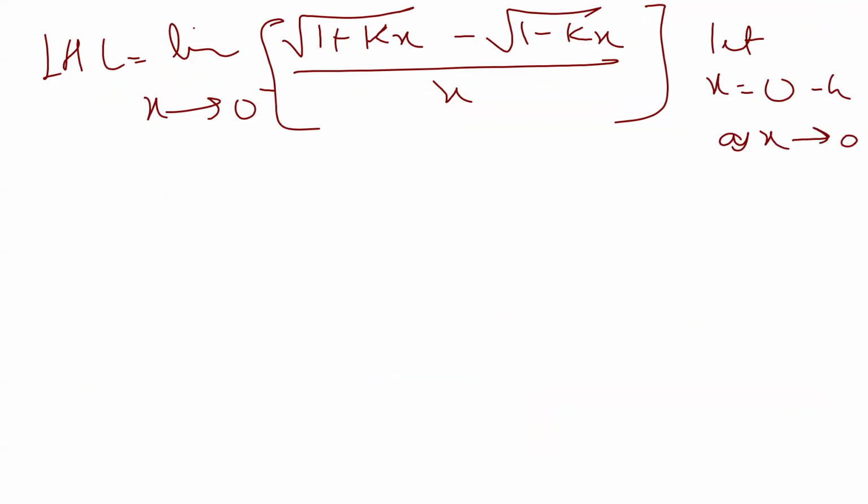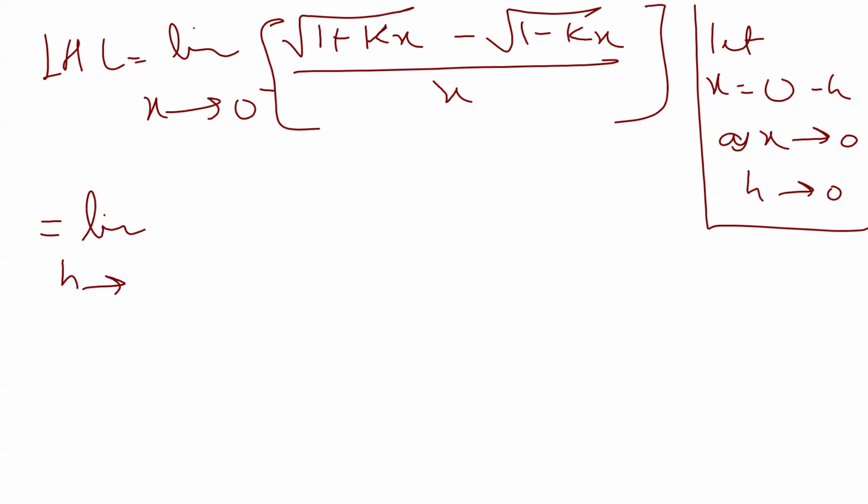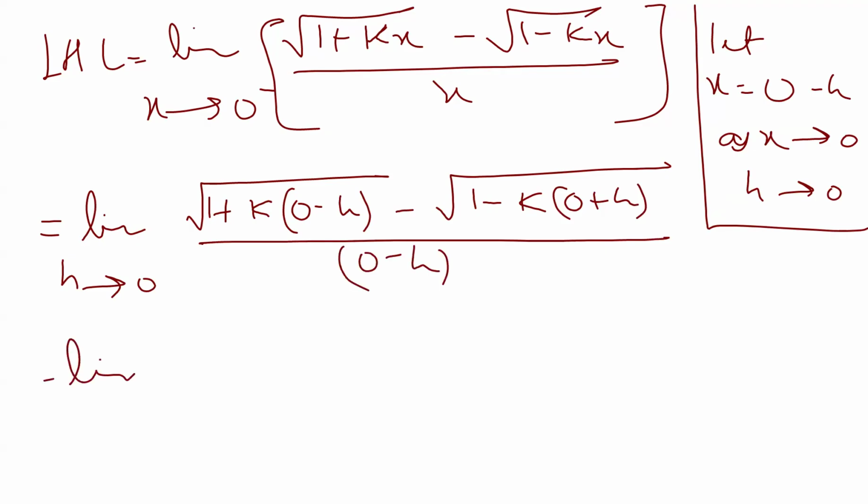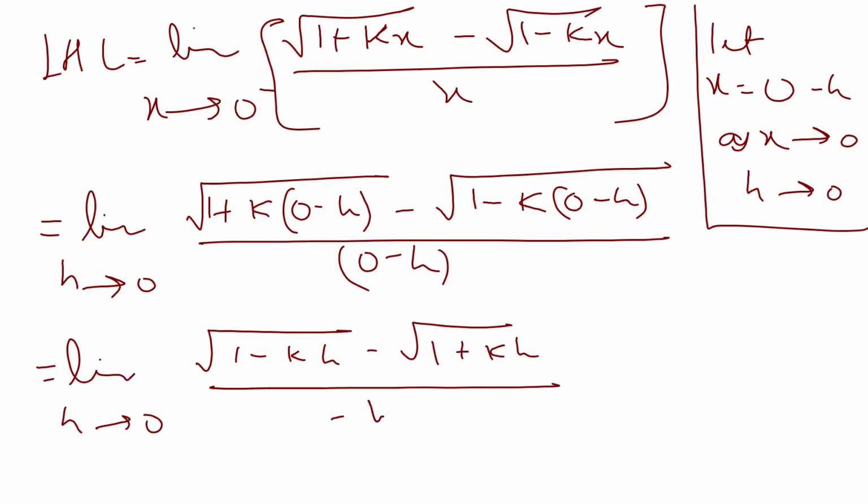As x approaches 0, h also approaches 0. So limit h approaching 0, root of 1 plus k into 0 minus h minus root of 1 minus k into 0 minus h upon 0 minus h. So limit h approaching 0, root of 1 minus kh minus root of 1 plus kh upon minus h.